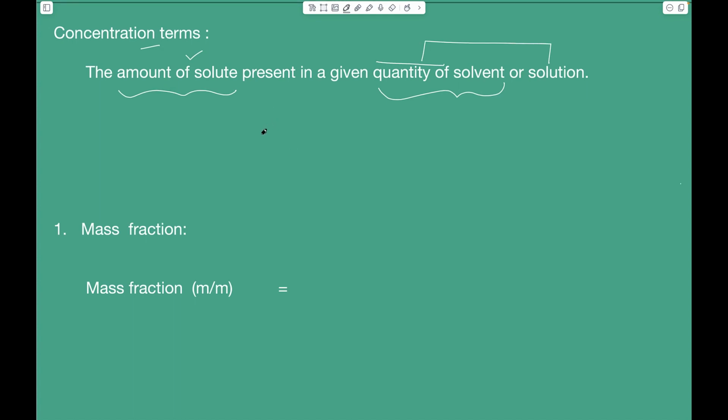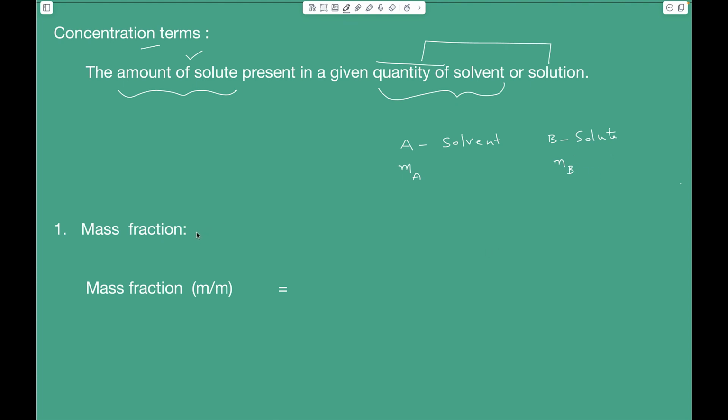So every concentration term we are going to discuss is a ratio between the amount of solute and either the quantity of solvent or the quantity of solution. And in our discussion, I am going to represent solvent with the subscript A and solute with the subscript B. So, MA represents mass of the solvent, MB represents the mass of the solute, and so on.